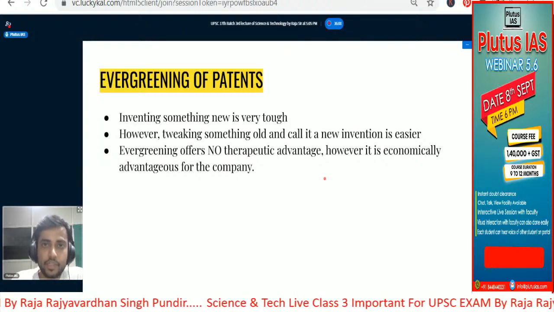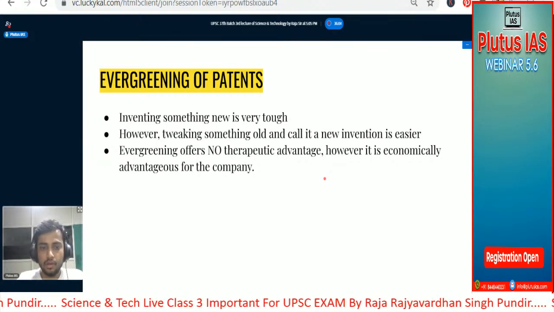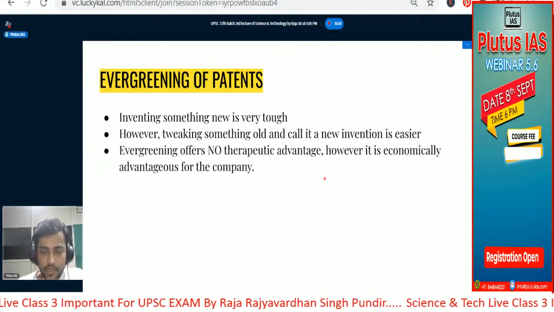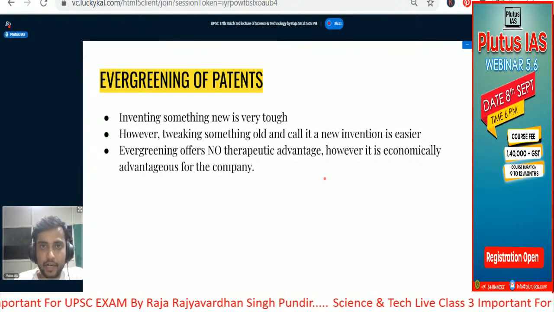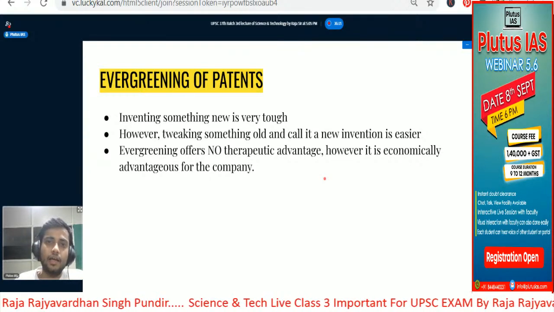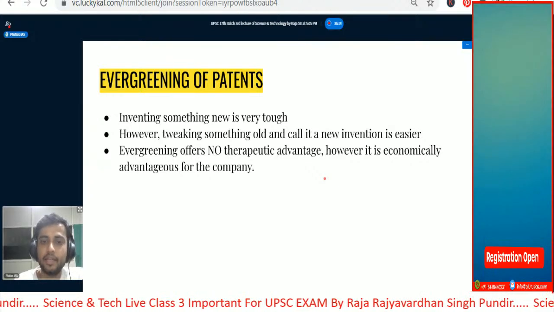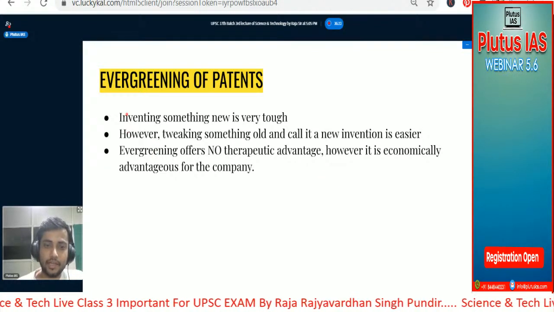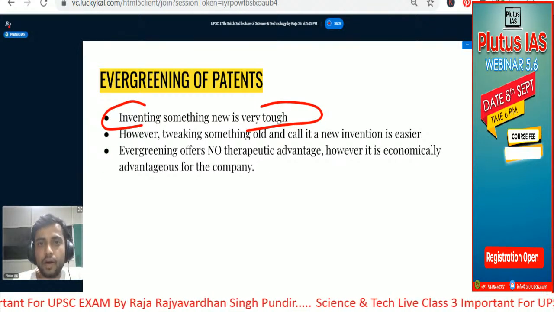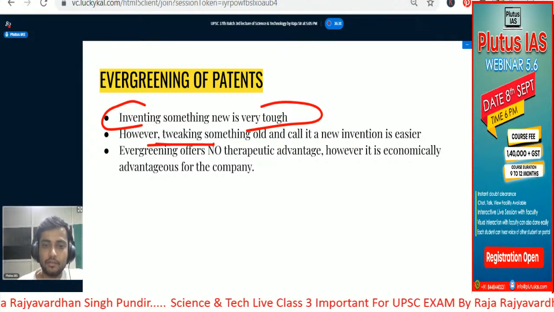Now we are starting with the evergreening of patents. See, every time we cannot invent something new which the world has never seen. It cannot happen that every time we create something the world has never seen. So this thing is very, very tough. So innovators do some kind of tweaking.